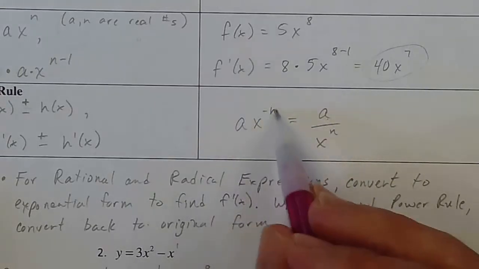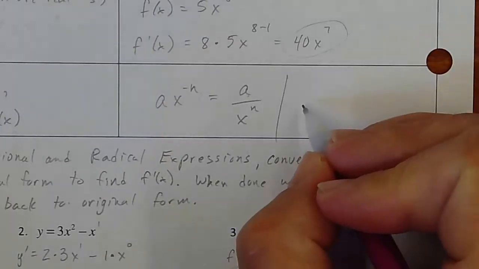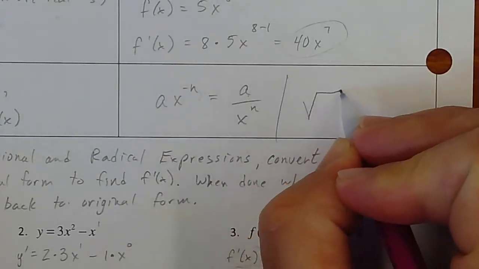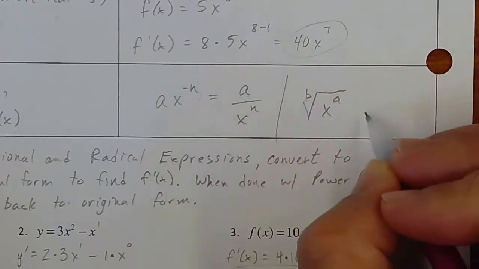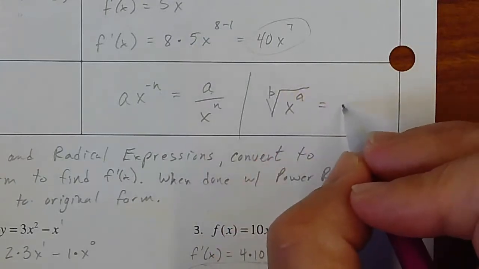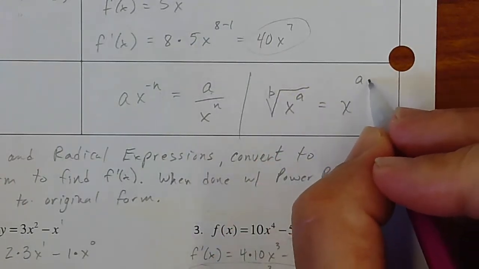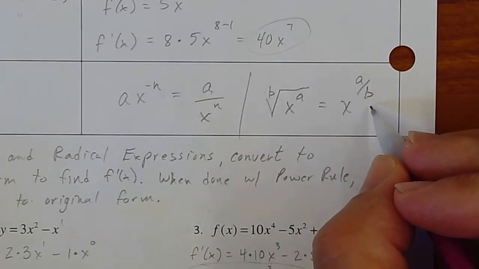Just this part moves. Okay, also the radical part, if we have x raised to the a with root b, we convert this, the root always goes in the denominator. So we say a over b is how we convert that to exponential form.